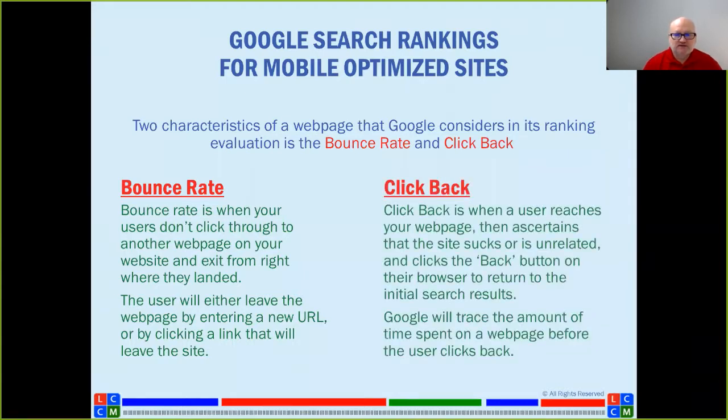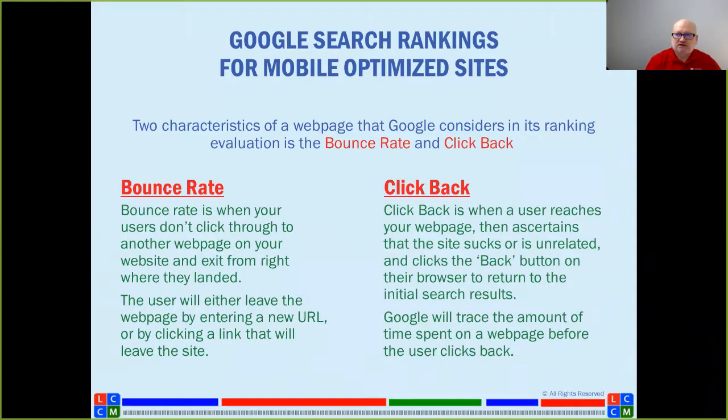The click back is slightly different. When a user reaches your web page, then determines that the site is bad or unrelated, and clicks the back button on their browser to return to the initial search results, Google will trace the amount of time spent on the web page before the user clicks back. Why is that important?